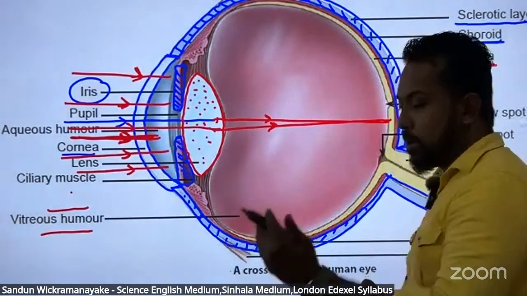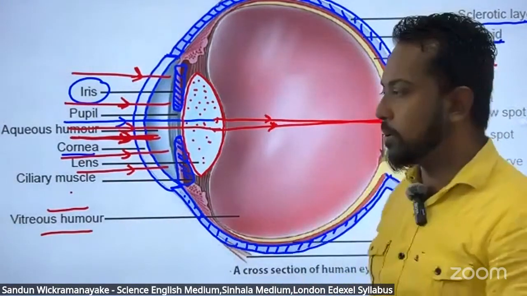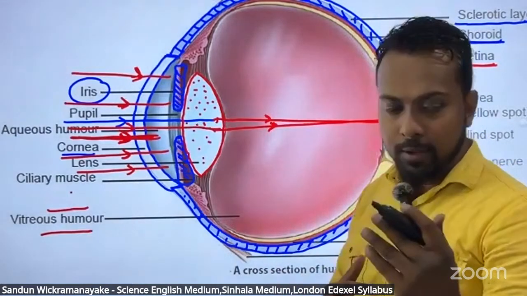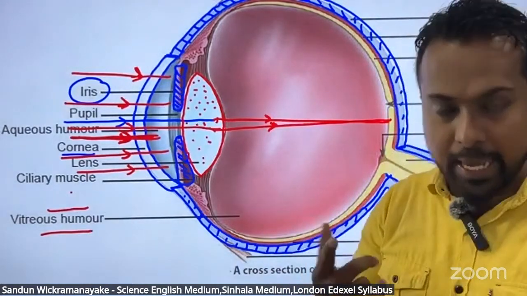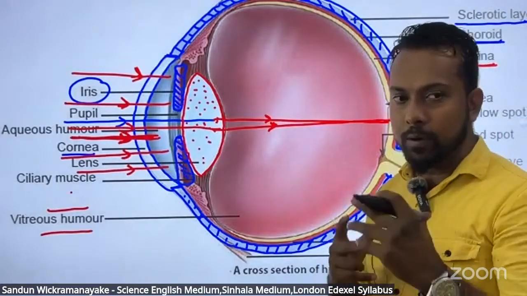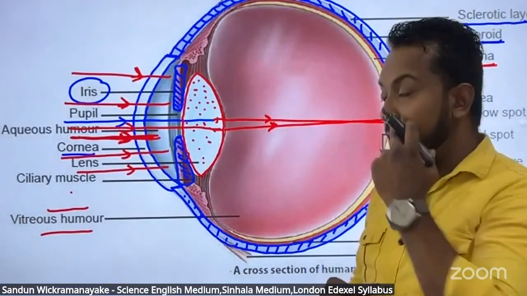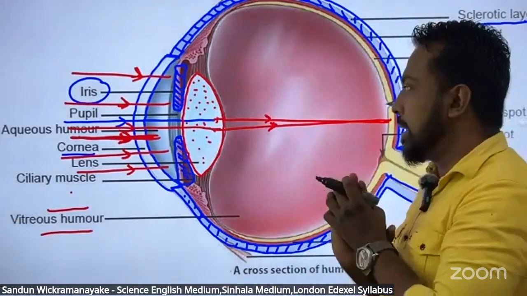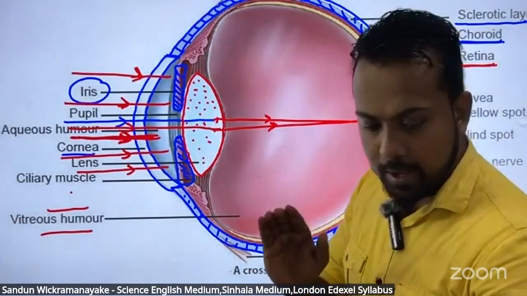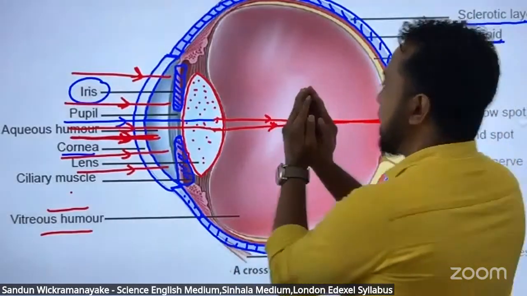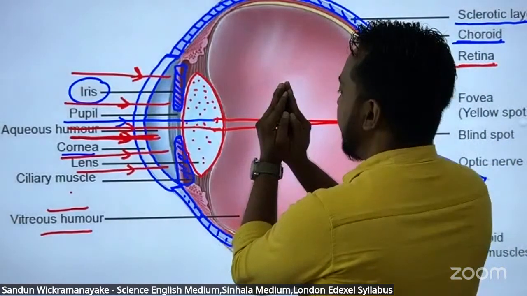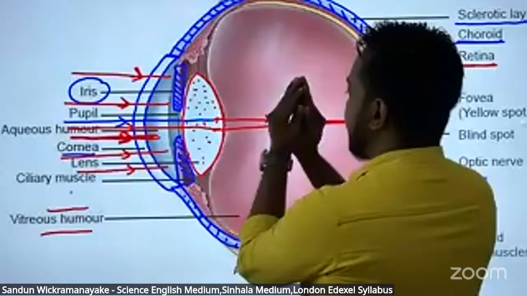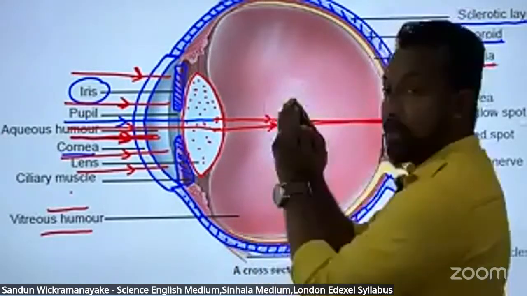I'm going to finish it, and I will explain it again by using a video. Look at this. This eye lens can change its shape like this.